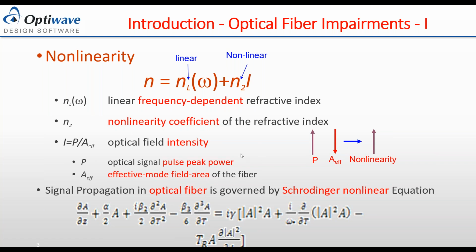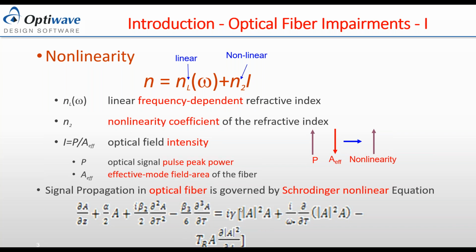Now, if you propagate light inside the fiber, typically the propagation is governed by the nonlinear Schrödinger equation, which is shown here. The main terms in the equation are the attenuation, as we see here, and then the dispersion term, which is related to the group velocity dispersion, and the third order dispersion term.